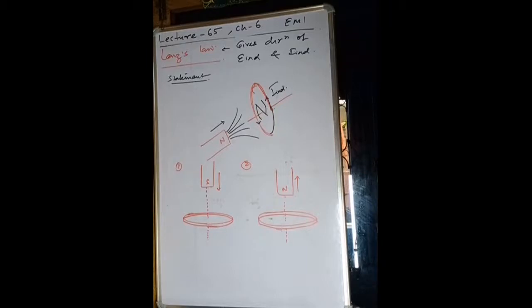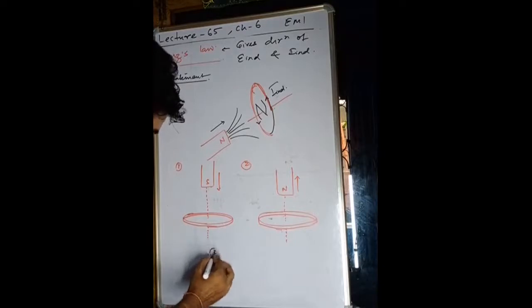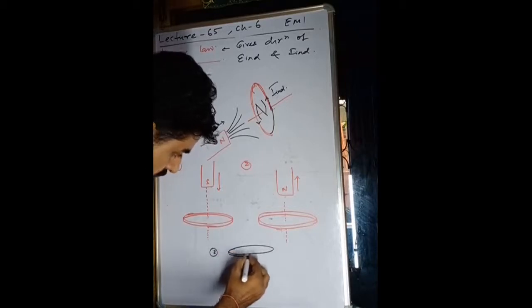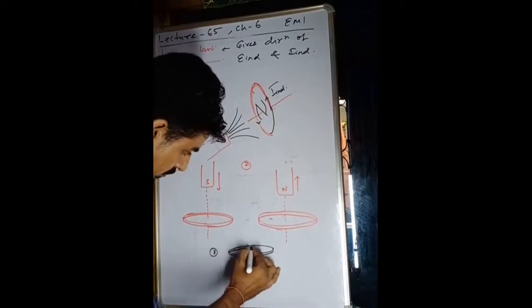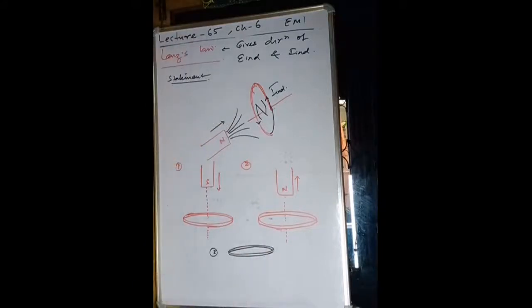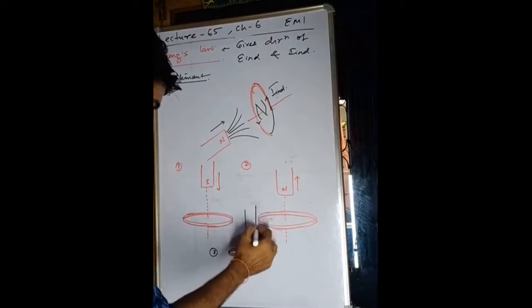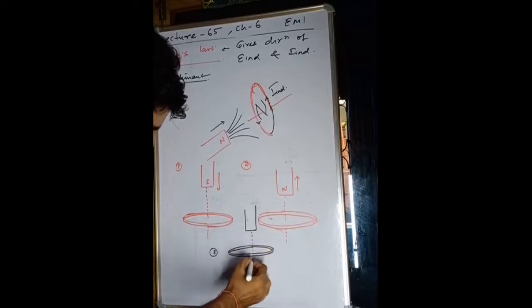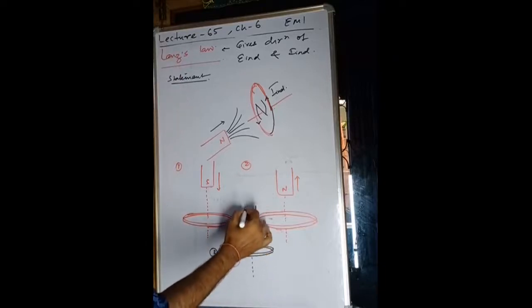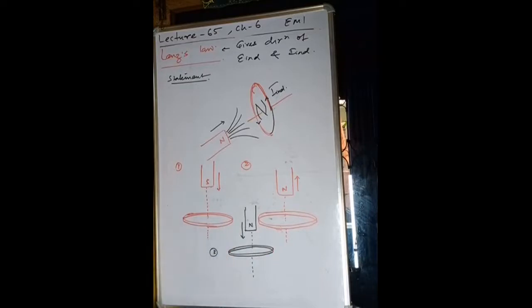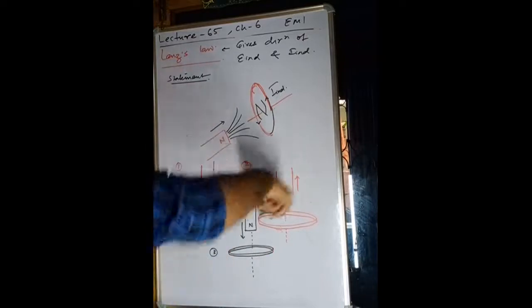One more example, the third one. You have to find the direction of induced EMF or current in each of the three coils. You can write clockwise or anti-clockwise also.